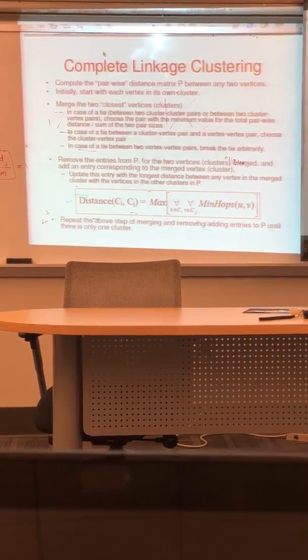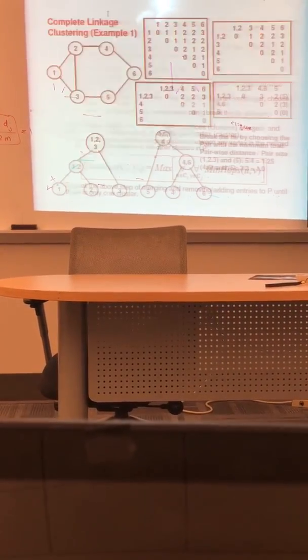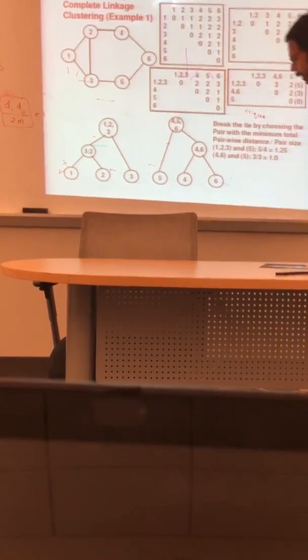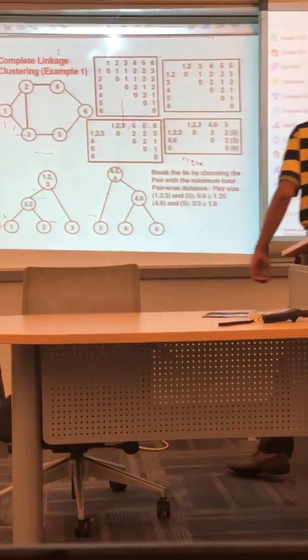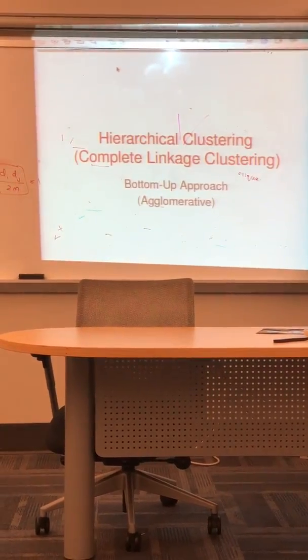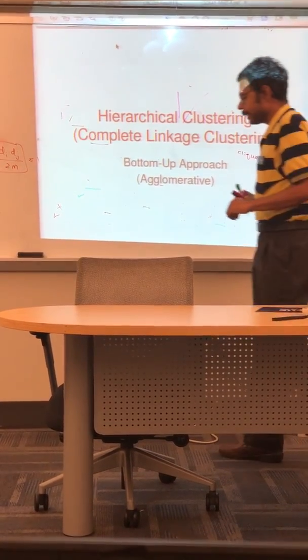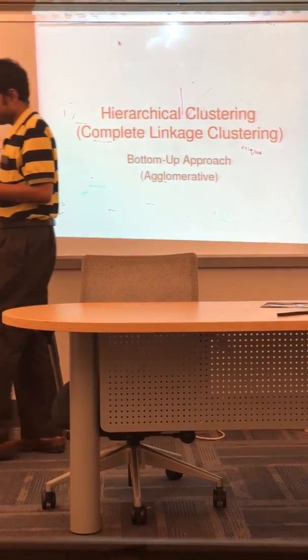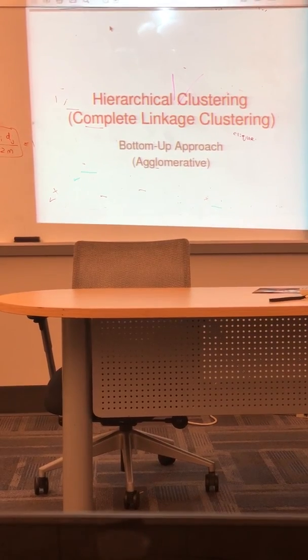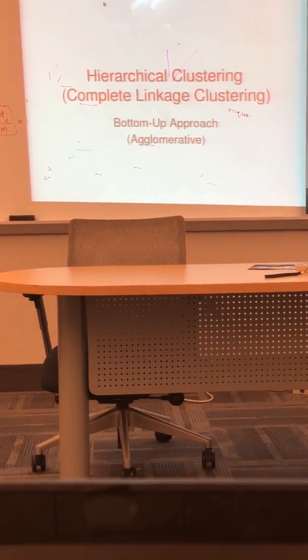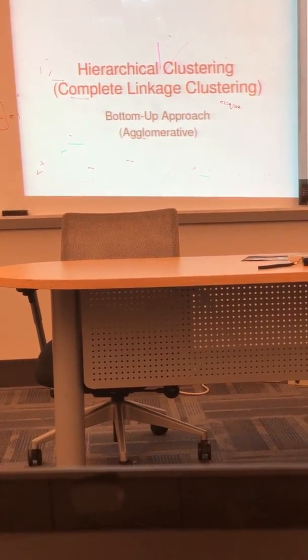Okay, so now let us see the actual community detection algorithms. We are going to see what is called hierarchical clustering. Hierarchical means we'll try to show a partitioning hierarchy of the graph into different partitions.